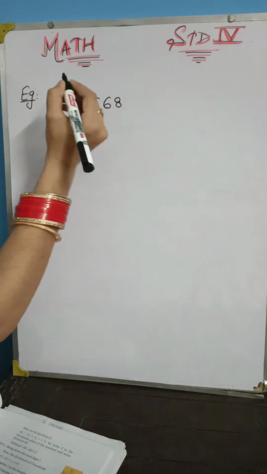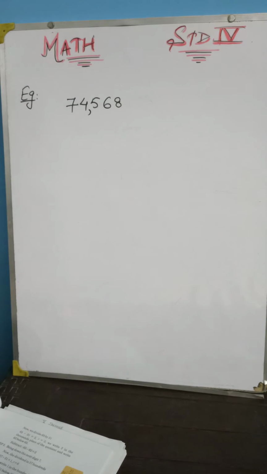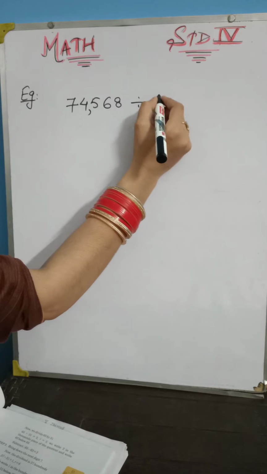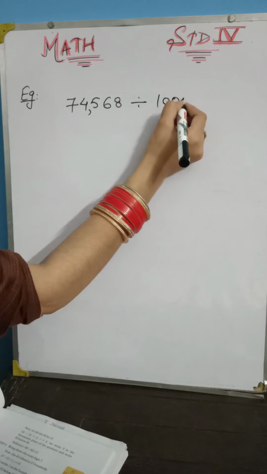74,568 divided by 1000. So if we will divide this in a proper division, it will go very long. Clear? So the question is without actually dividing.